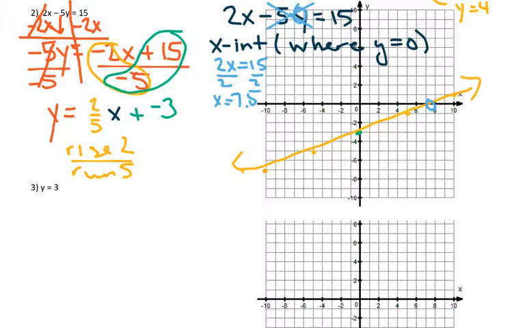Now let's find the y-intercept. So that means I am going to plug in 0 for the x. So we have 2x minus 5y equals 15. To find the y-intercept, I'm going to plug 0 in for the x.